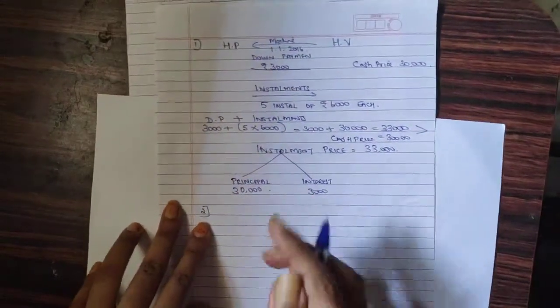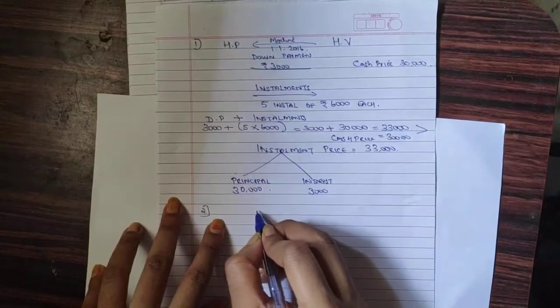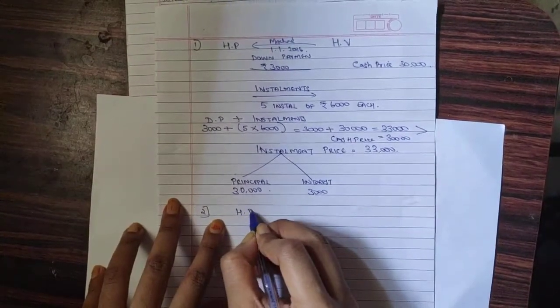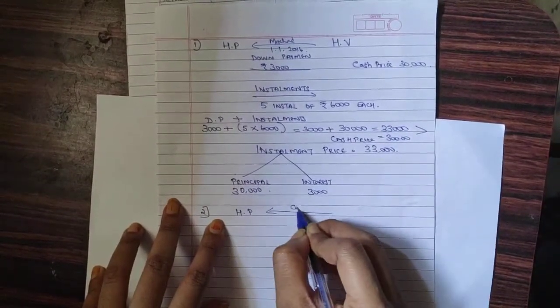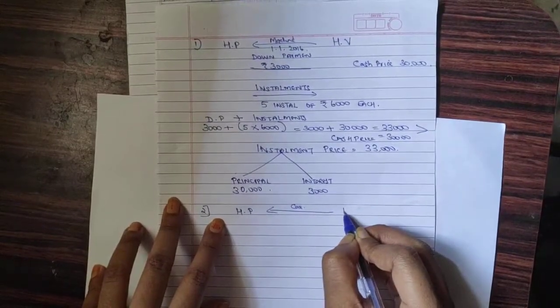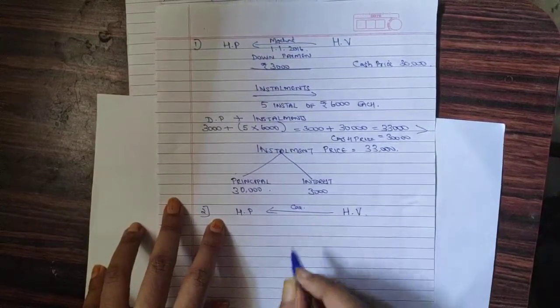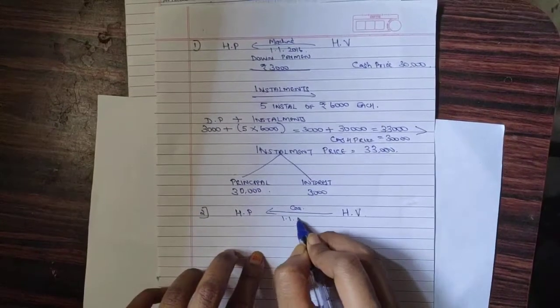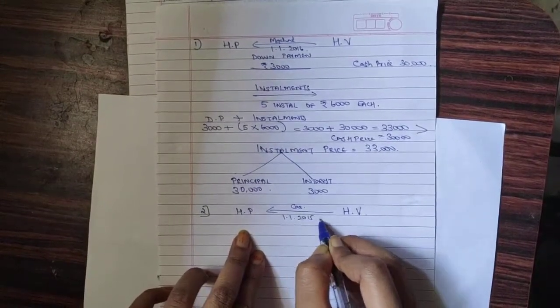Say the hire purchaser purchases a car from the hire vendor on 1st Jan 2015.